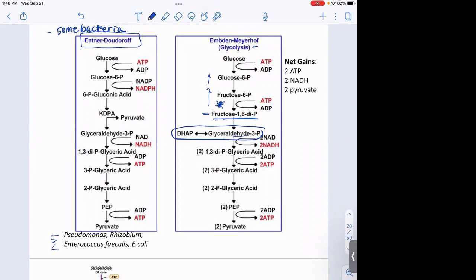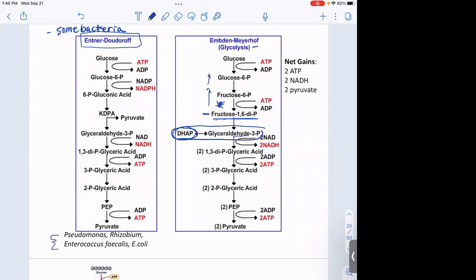So that's why that's kind of glossed over sometimes. But as we'll see when we talk about what happens when lipids are metabolized, they actually make dihydroxyacetone phosphate, DHAP, and it gets shunted into glycolysis at this step. Okay, so we will revisit that later.